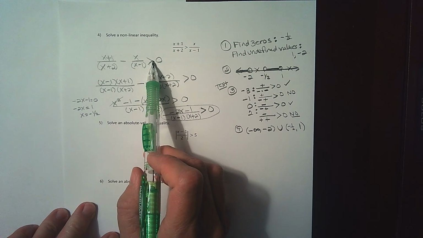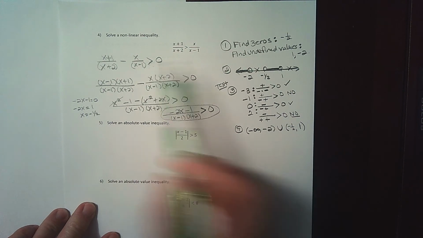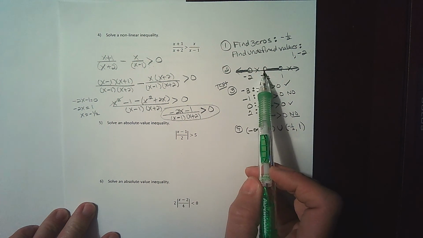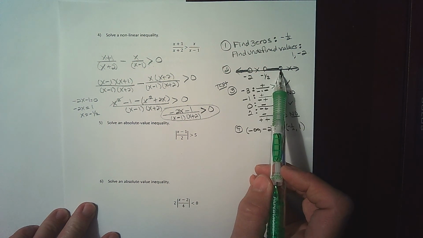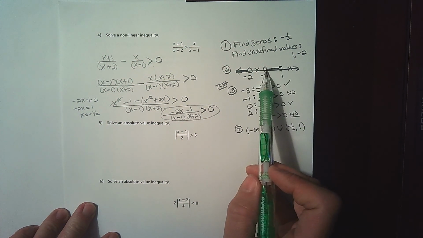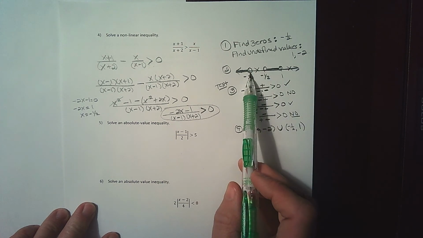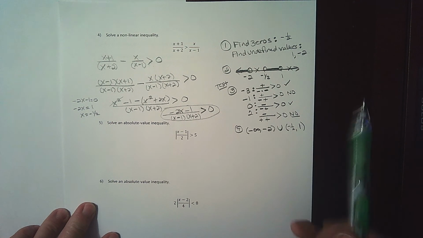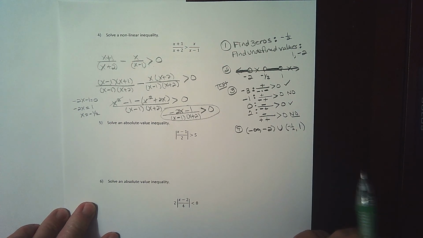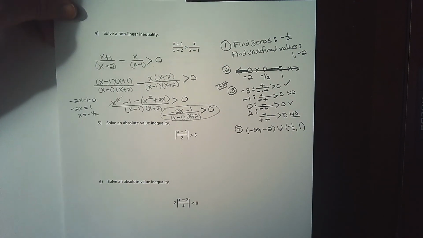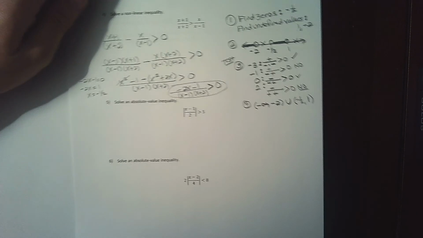Even if this had said greater than or equal to 0, that does not mean I would automatically include all endpoints. It means I would include the one that is a 0, the -1/2. I never include values that create division by 0. So that was the second of our solving nonlinear inequalities.